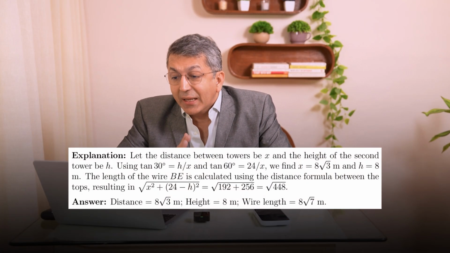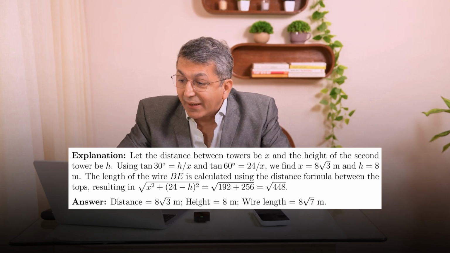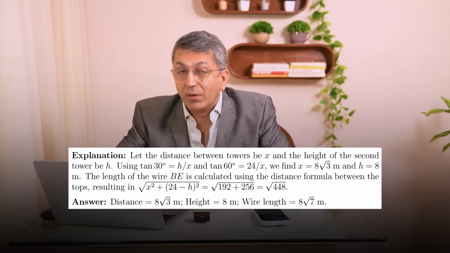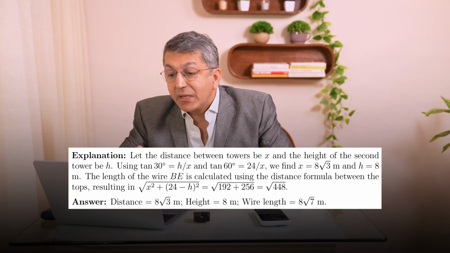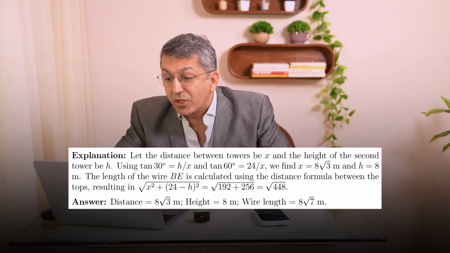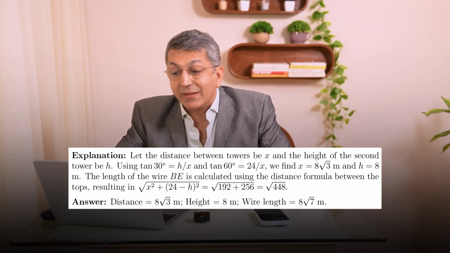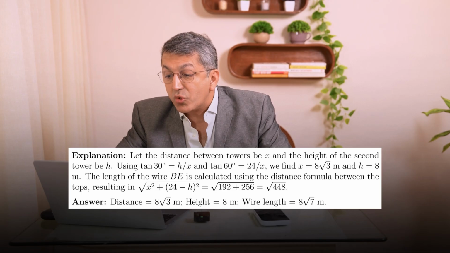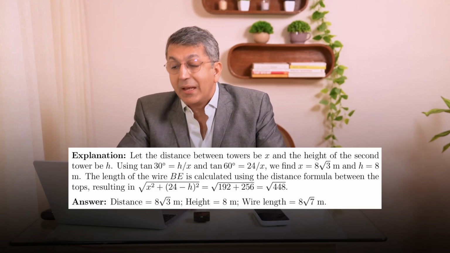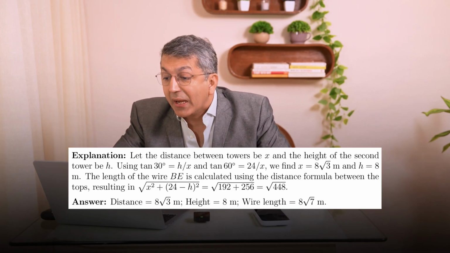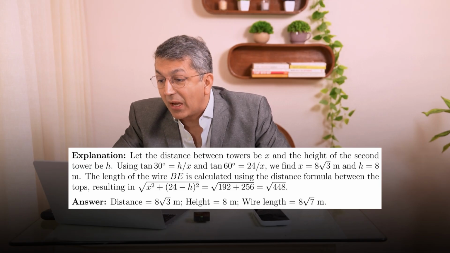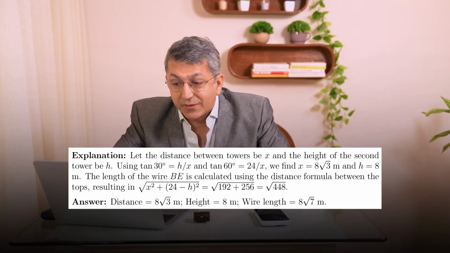Explanation: let the distance between towers be x and the height of the second tower be h. Using tan 30 degrees is equal to h divided by x and tan 60 degrees is equal to 24 divided by x, we find x is equal to 8 square root of 3 meters and h is equal to 8 meters.